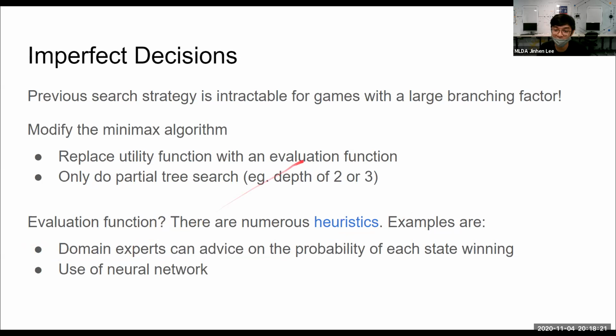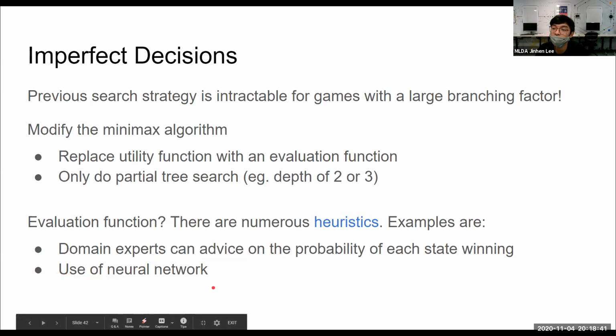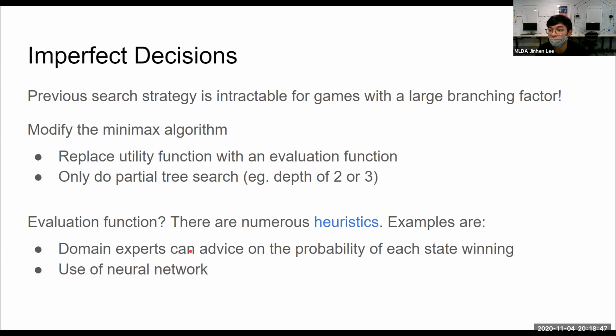Imagine you have a state of circle, circle, X. Then that guy is so expert, he can tell you straight away, this state has a 0.4 chance of circle winning, this state has a 0.6 chance of X winning. So that can be our evaluation function. Or in the case of AlphaGo, they actually use a neural network to find the evaluation function of each state. So this is where neural networks can also come into play in AI gameplay.